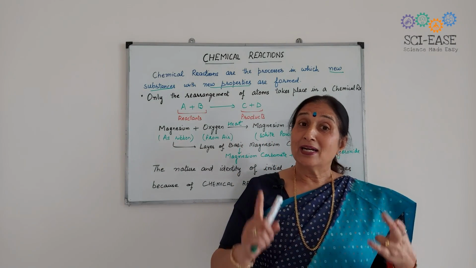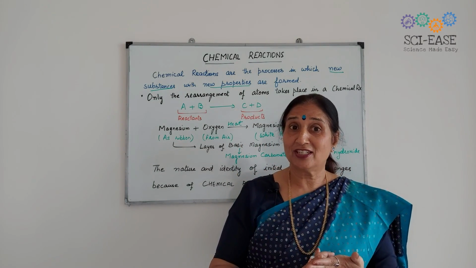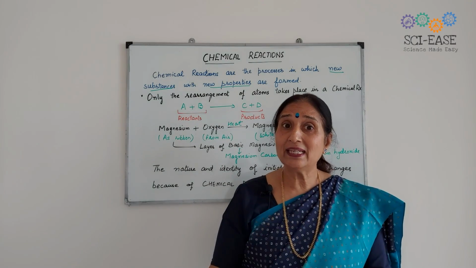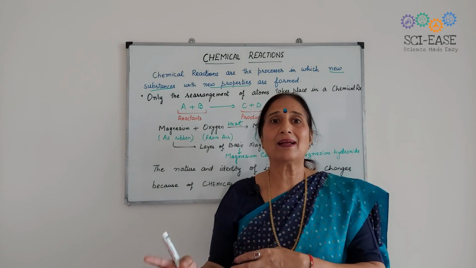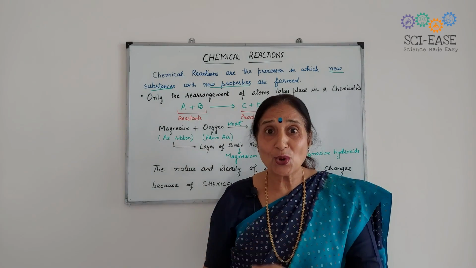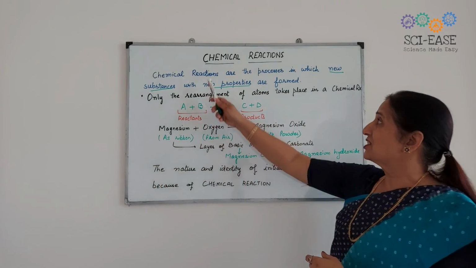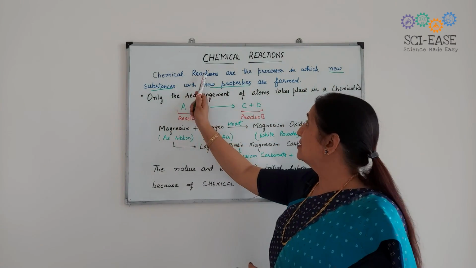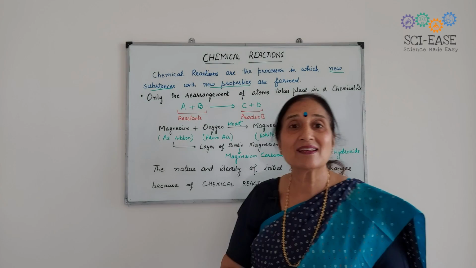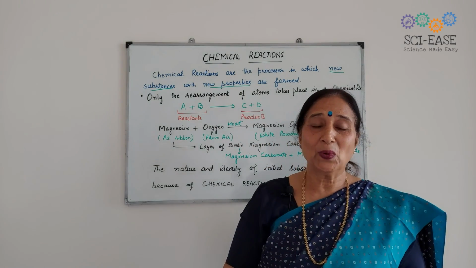So, what are chemical reactions? In all these situations, some new substance is formed. So, chemical reactions are the processes in which new substances with new properties are formed. Okay?